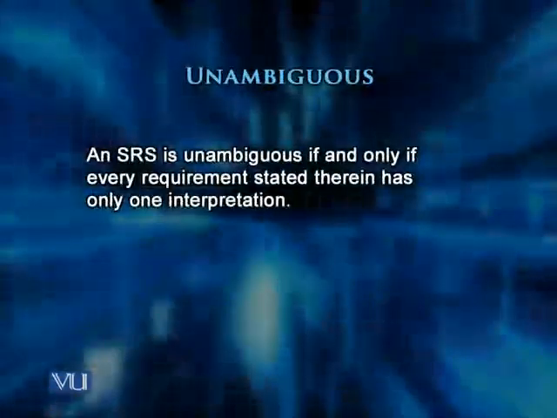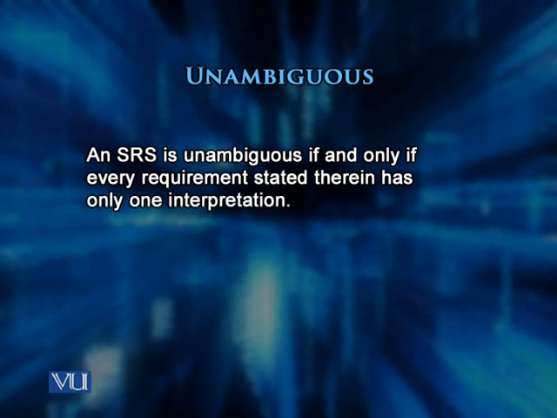An SRS should be unambiguous. What does that mean? Because SRS is a document. An SRS is unambiguous if and only if every requirement stated therein has only one interpretation.